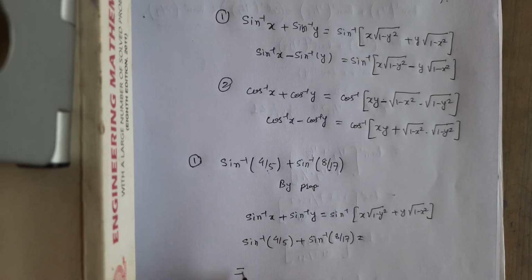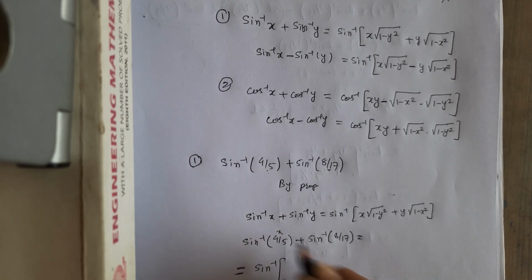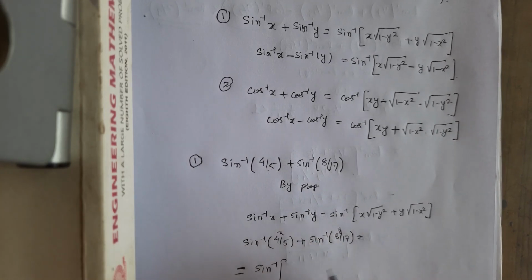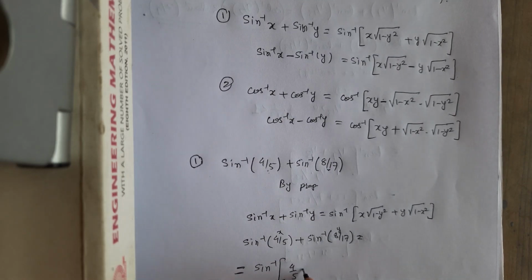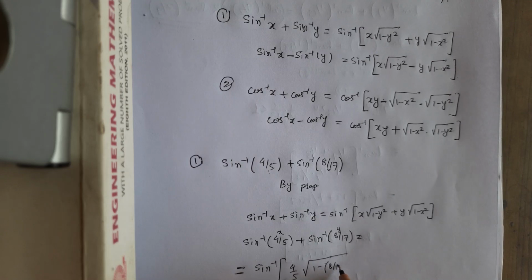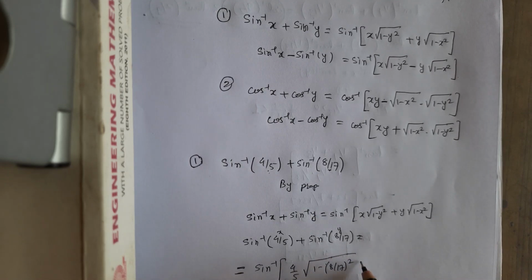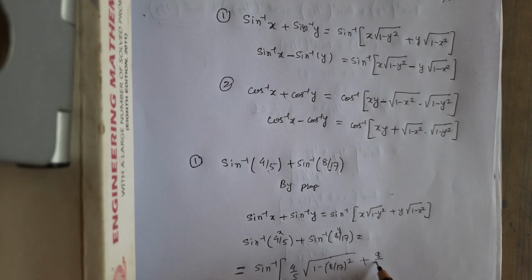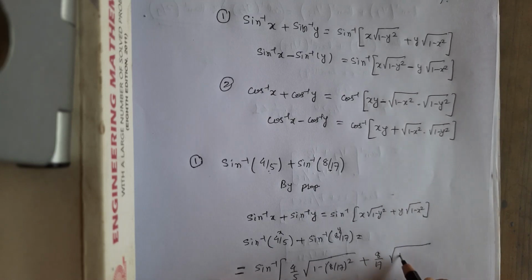This will equal sine inverse of, this is my x, this is my y, just replace the values here: 4 by 5 root 1 minus (8 by 17) square plus 8 by 17 into root 1 minus (4 by 5) square.